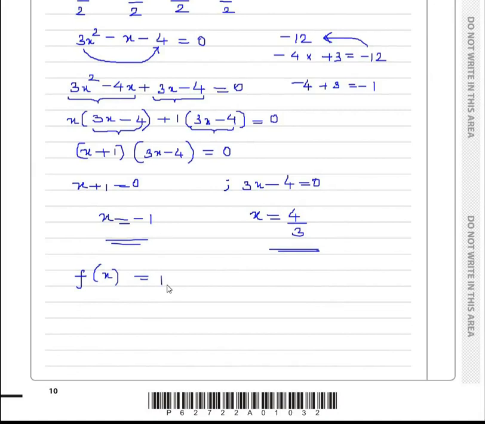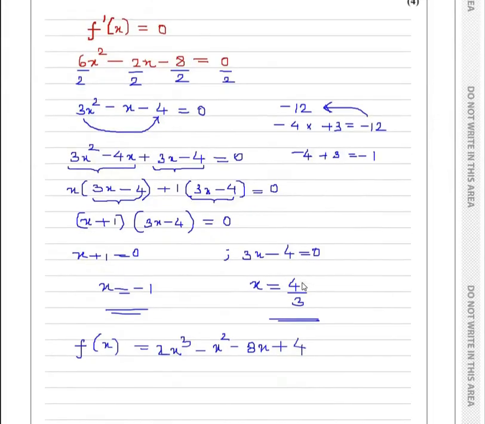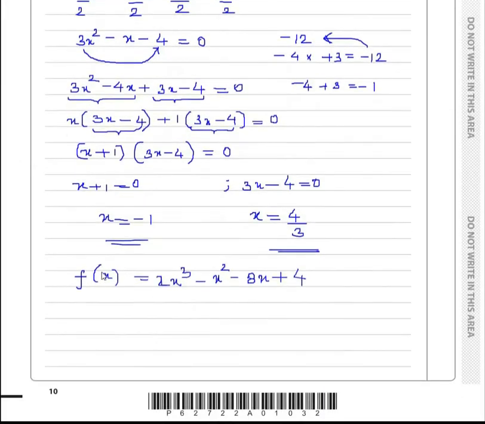Let me check that again. Okay. So we need to find the f of x value when we substitute x equal to negative 1 and x equal to 4 over 3. First let us take x equal to negative 1.